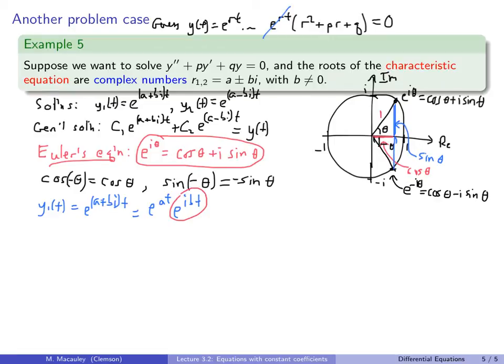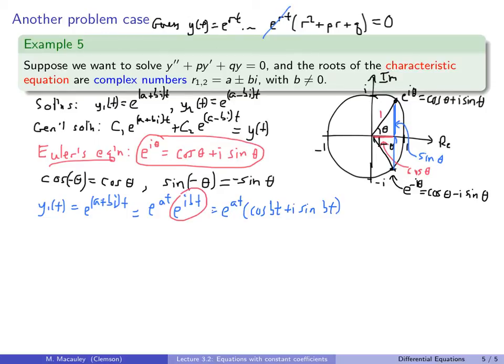So this is e to the at times cosine of bt plus i sine of bt.